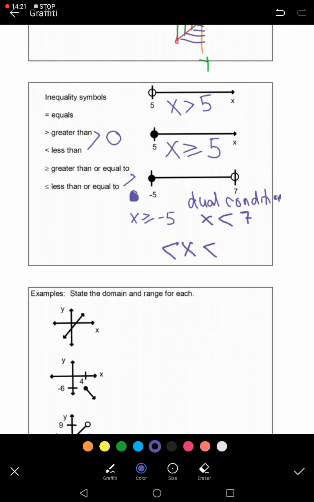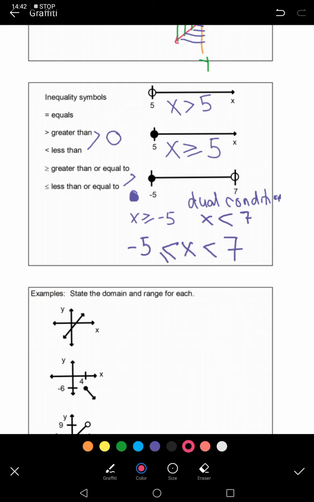So we're just putting these two things together. On the left-hand side is going to be your lowest number, and I see that it's actually equal to -5, so I'm going to just add in that line. And then here on the right side is going to be your highest number.